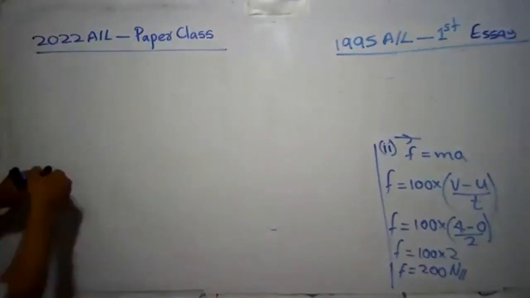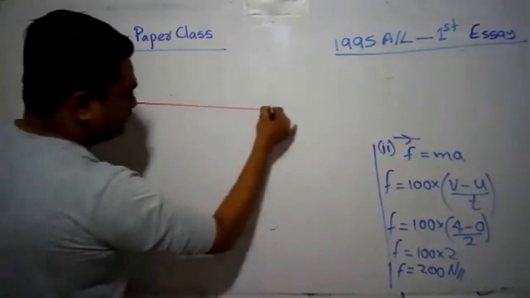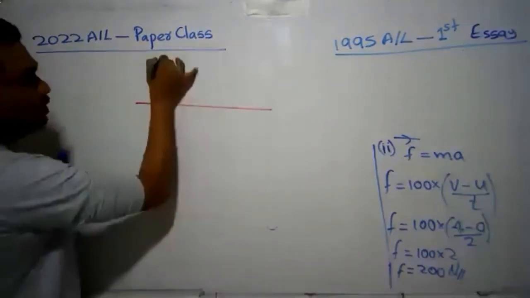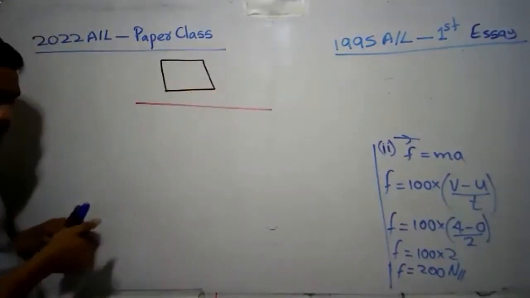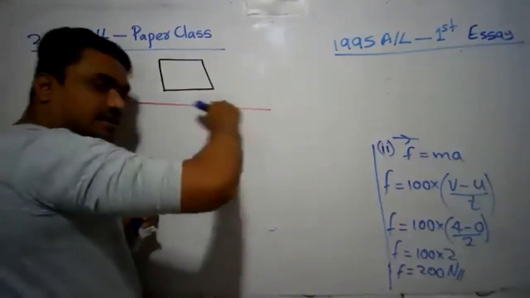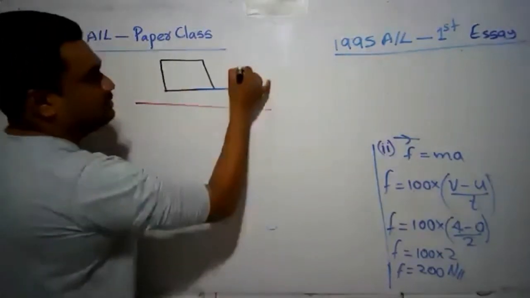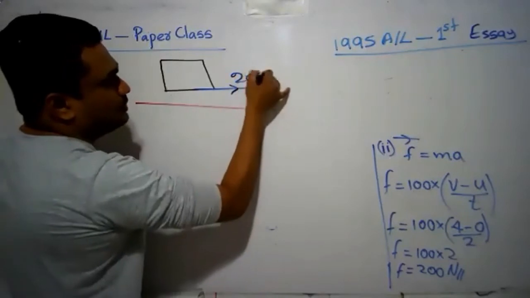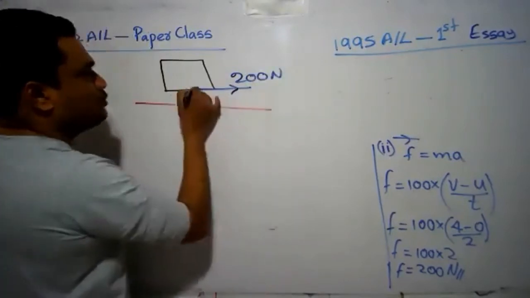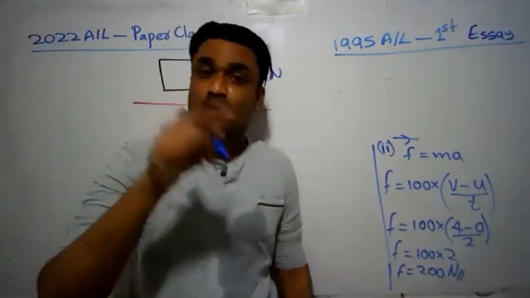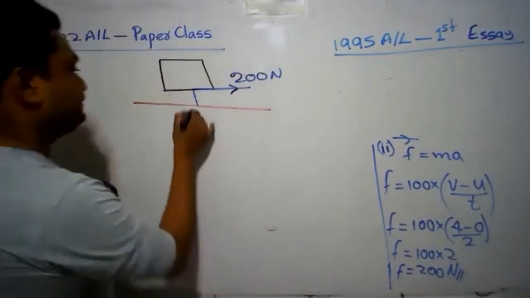If you consider the belt and the box, I'll draw them by keeping a small gap so it's easy to mark the forces. When the belt is moving to this side, it gives a friction force to this side. So this force is 200 Newton. According to Newton's third law of motion, the box should give an equal and opposite force to the belt.